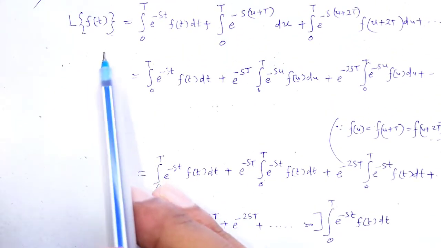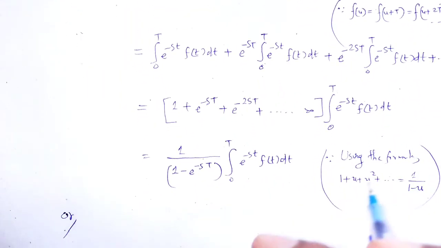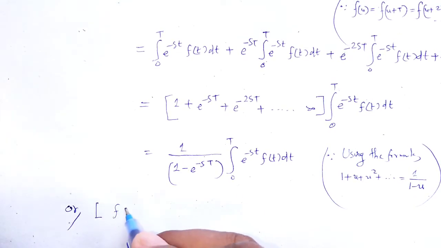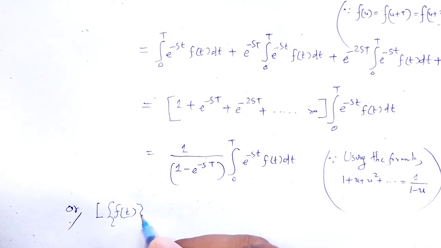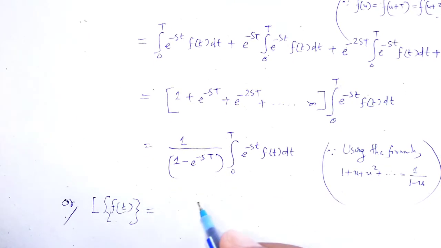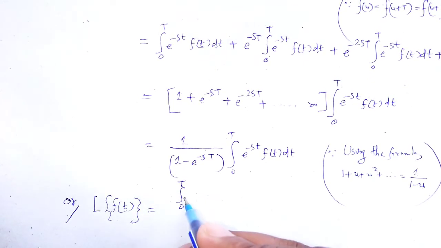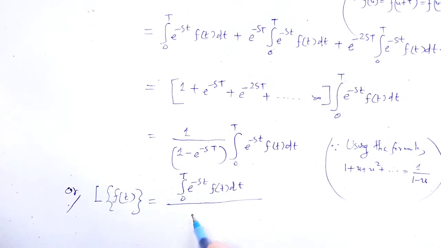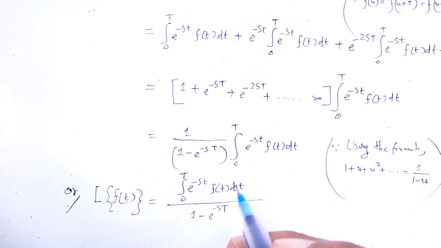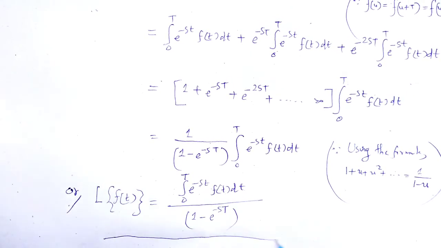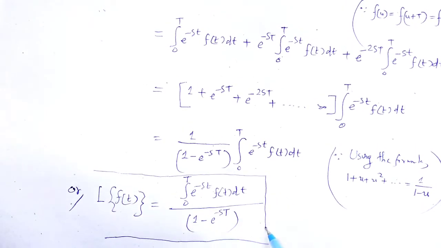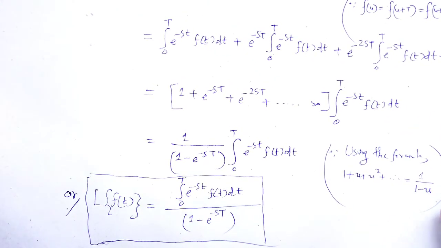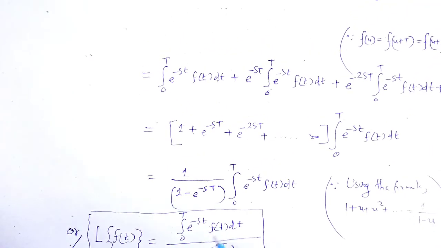As we have Laplace transform of f of t is equal to that much, then Laplace transform of f of t, just write it, integration from 0 to capital T e to the power minus st f of t dt divided by 1 minus e to the power minus sT, and that is the Laplace transform of a function f of t which is a periodic function having the period capital T.